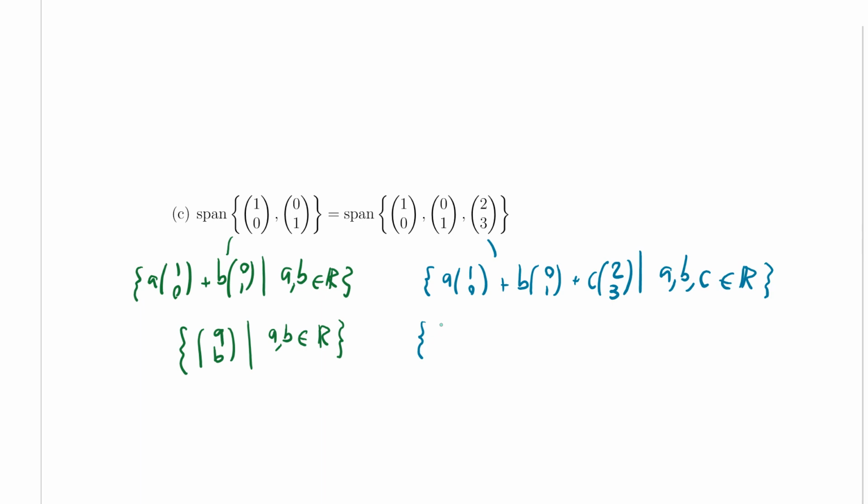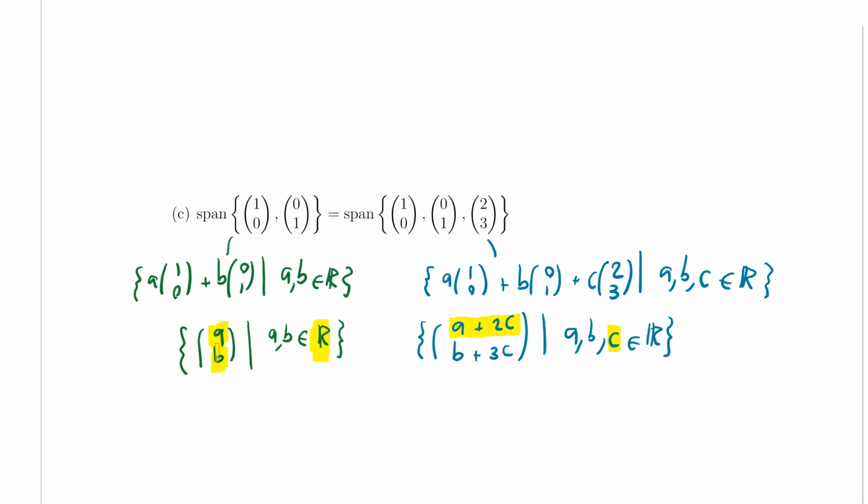So this is the set of all vectors of the form (a + 2c, b + 3c), where a, b, and c are once again any real numbers. Now notice how on the right hand side, my a and my b can already be any real number, including a + 2c for whatever real number c there is.